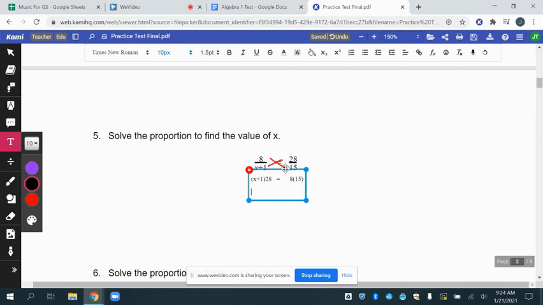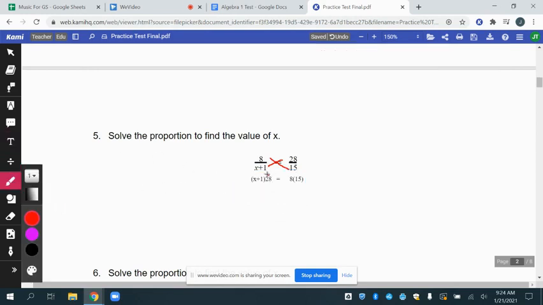Now, here's the weird thing. Let's do distribute here. We'll distribute, because you've learned how to do that before, so I might as well do it. I'm going to distribute the 28 and multiply it by the 1 and the x. If I don't remember the parentheses, then I never get that.